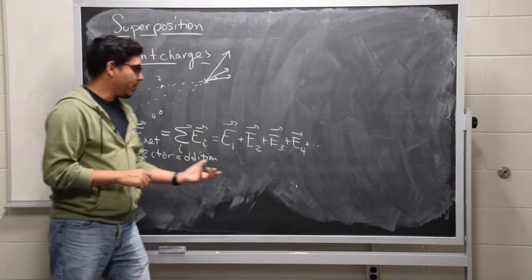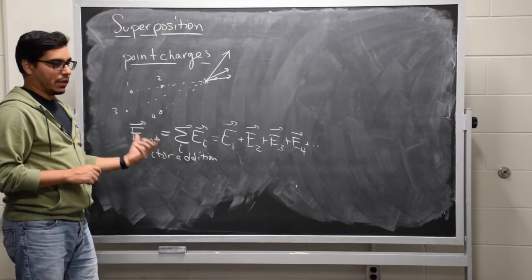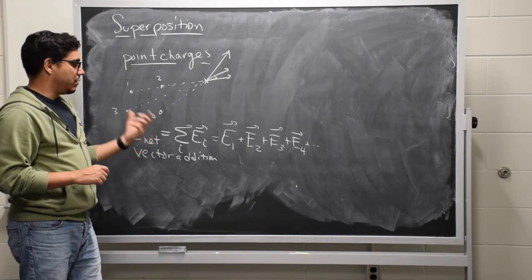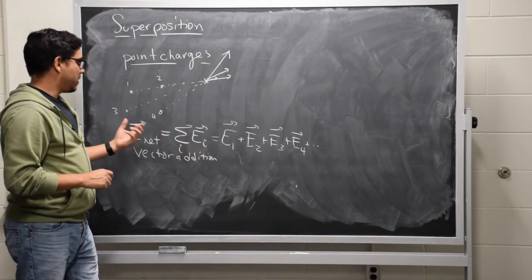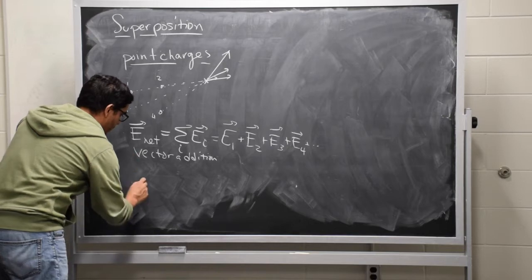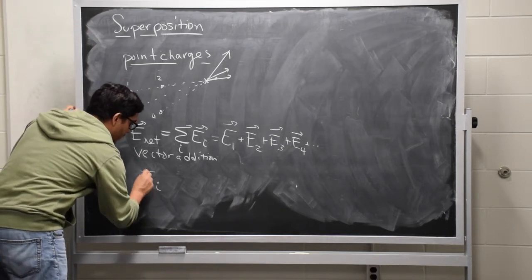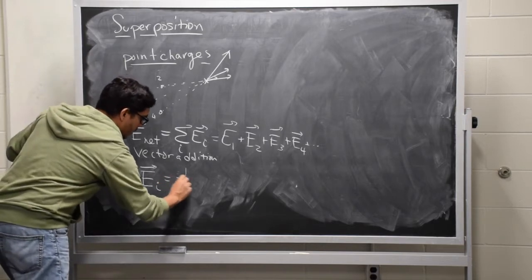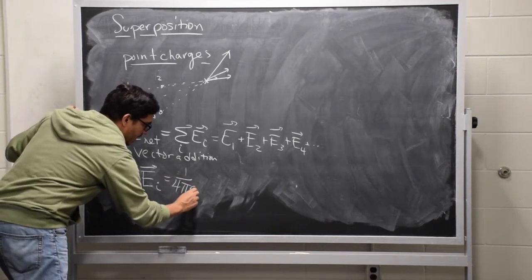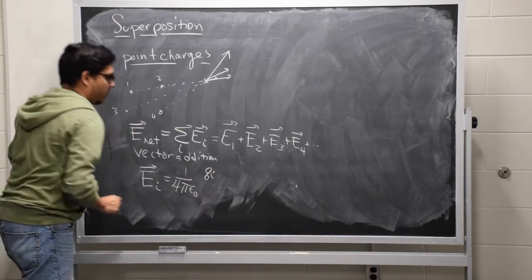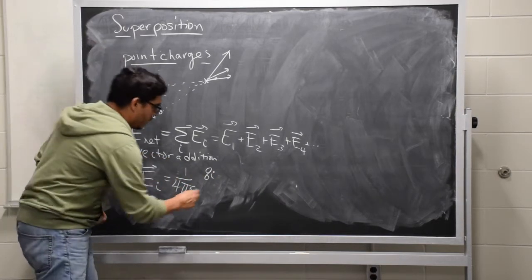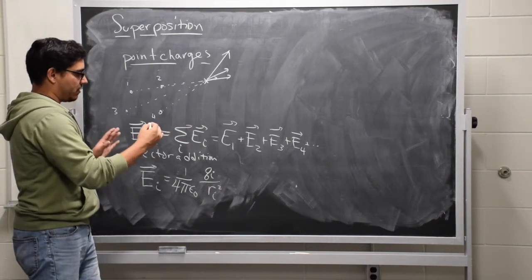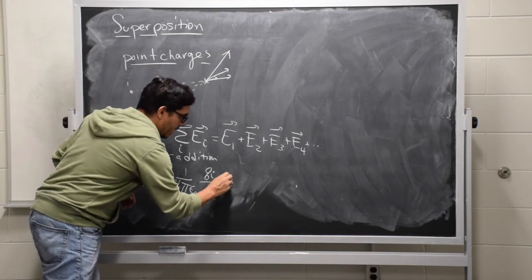Now, the thing that we have to be careful about is how we calculate those individual electric fields, because each one of them has a slightly different separation vector. So when you're thinking about superposition, you're not just thinking about all of the fields having the exact same description. So let's write it this way. The individual one, E_i, has a form of 1 over 4 pi epsilon 0, Q_i, telling you the charge of the individual one, divided by r_i, the separation vector magnitude for the individual one, r_i hat.